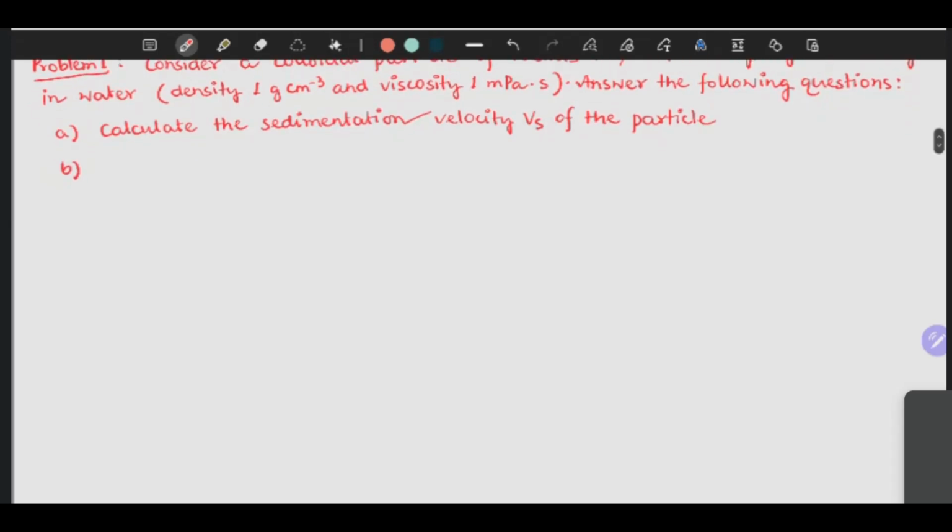Question 2: calculate the diffusion constant D of the particle.